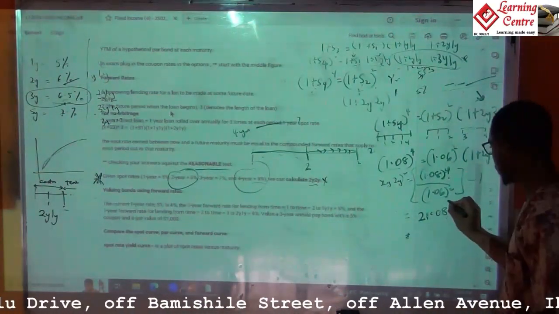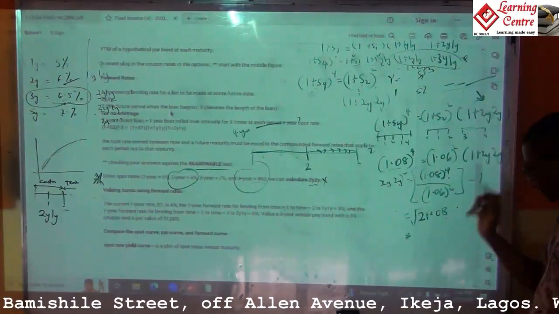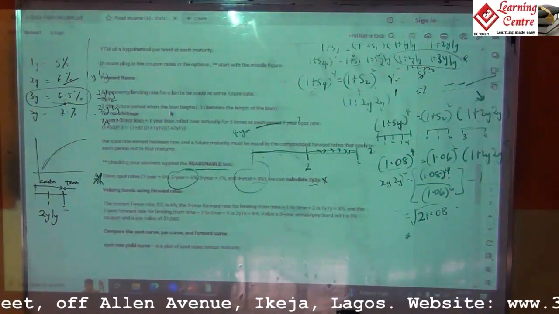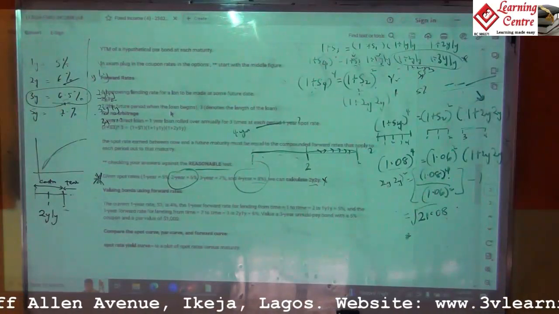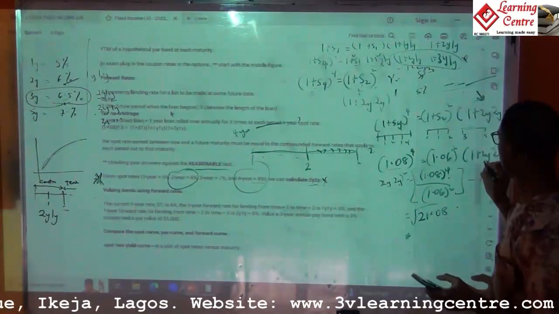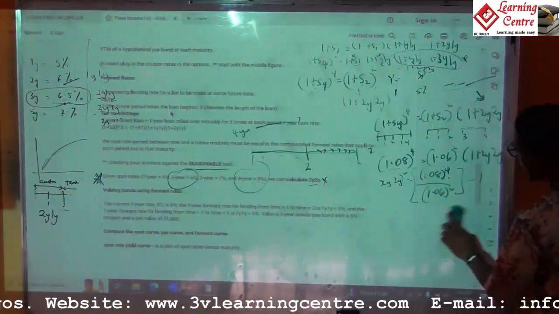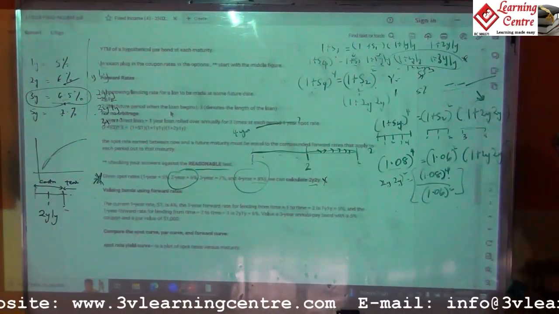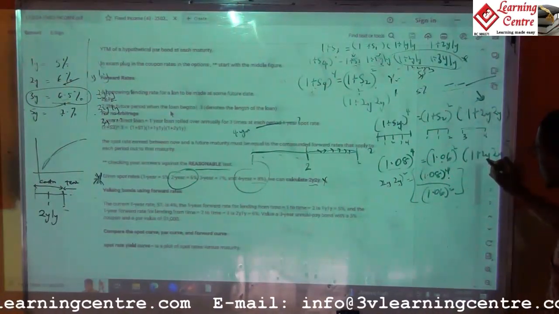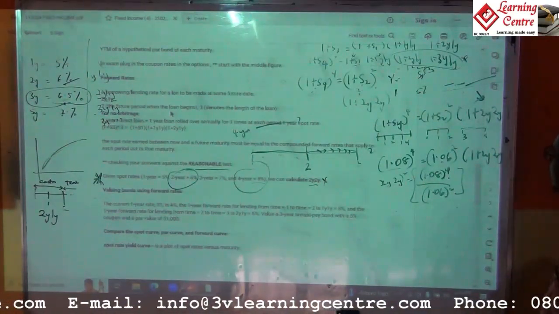So let's do the square root of this. Before you minus 1, you have to do the square root. Understand: you have 1.08 to the power 4, 1.06 to the power 2, and 1 plus the forward rate to the power 2. Does that always pass? Yes, that's to the power 2.